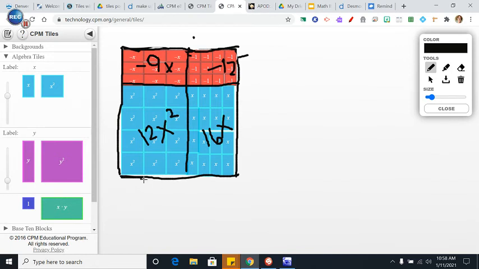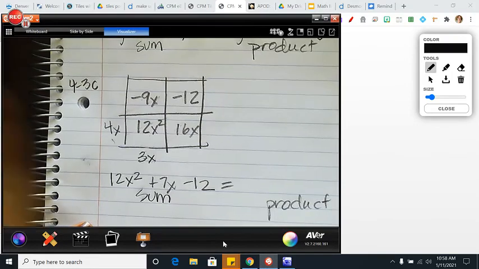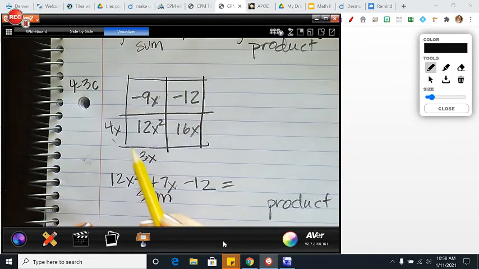This is x, this is x, and this is x. So that would be 3x. This is x, this is x, this is x, this is x. So that would be 4x. So we did it without tiles, but somebody had a question about how you are getting this. So that's why I built it with tiles.